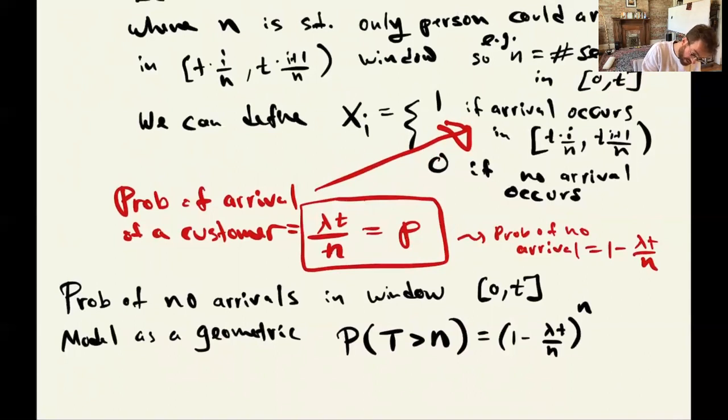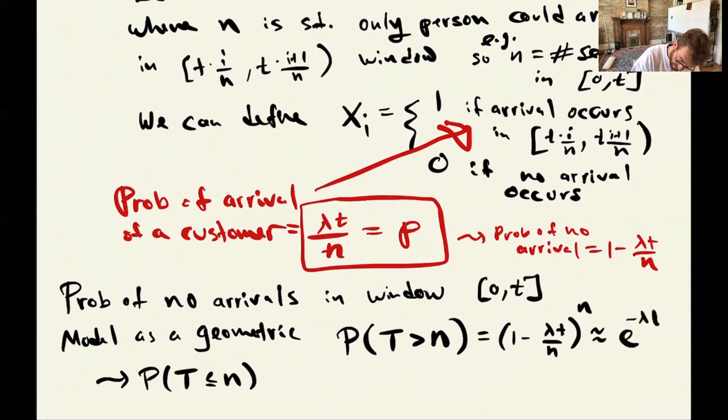So consequently, if I do my usual thing, the probability that my first arrival occurred in those first n time steps is just 1 minus this expression, which I can approximate again using my little e approximation. It ends up being e to the minus lambda t.